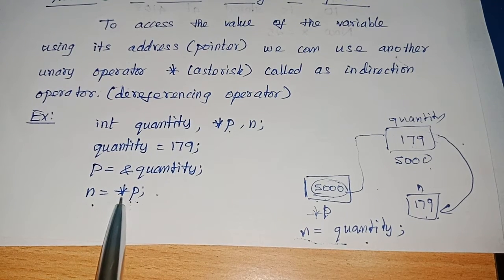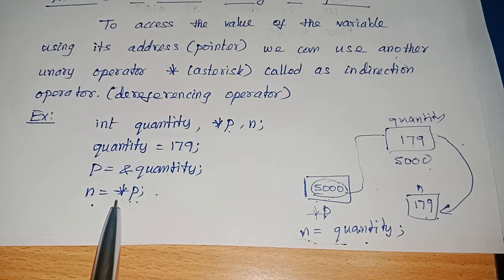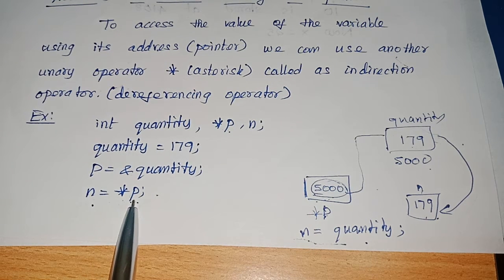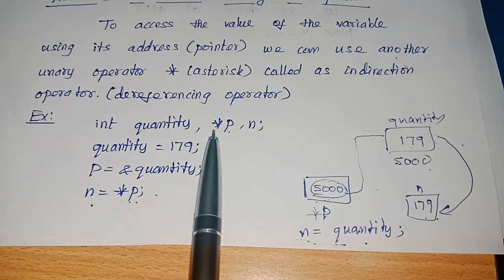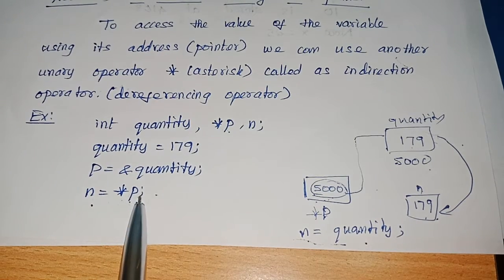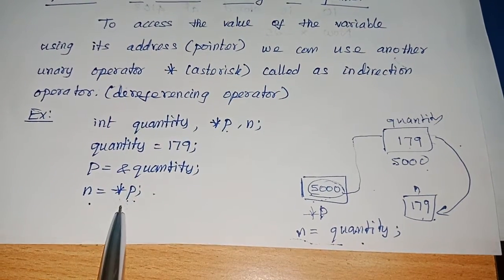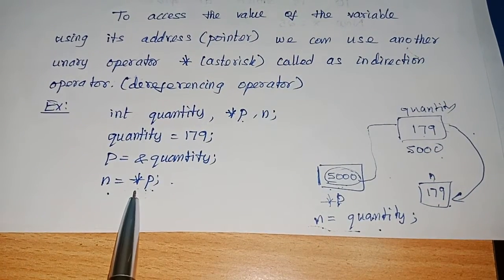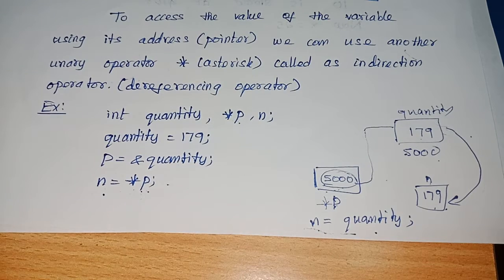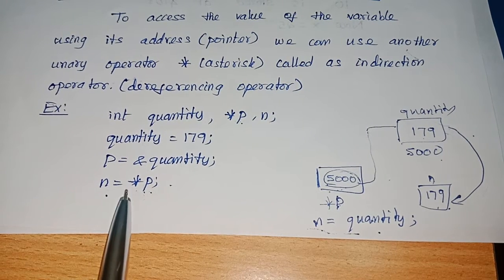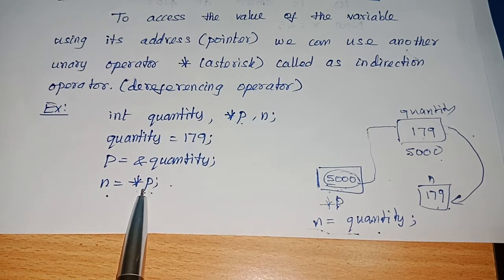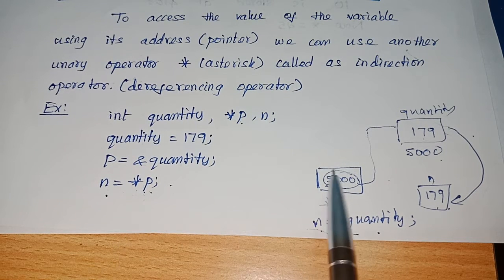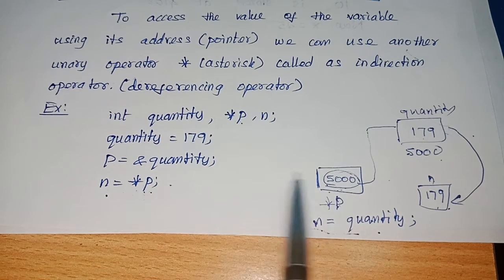And what will the compiler do when it executes star p? Whenever star p is not in the declaration part, it will be treated as the dereferencing operator and it will be executed in this way. The compiler goes directly to p. p contains the address of variable quantity.